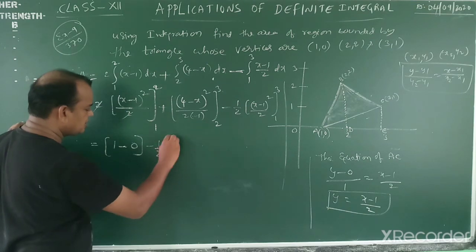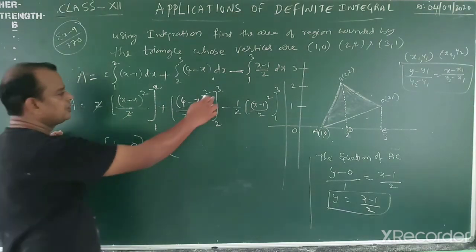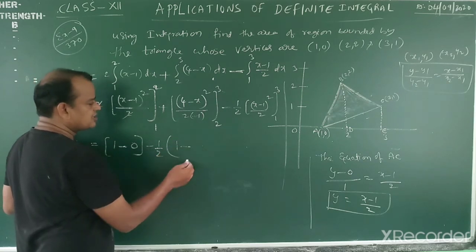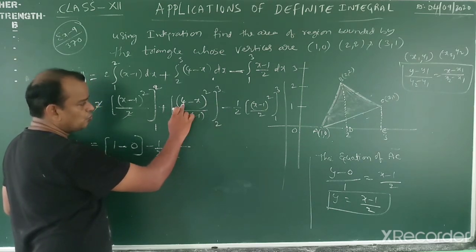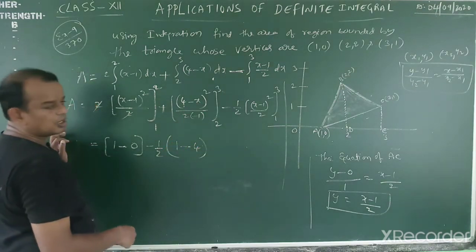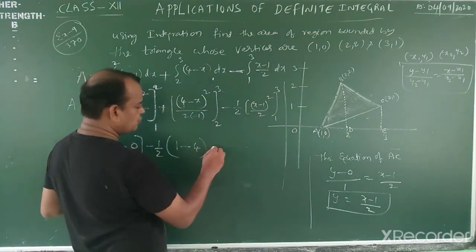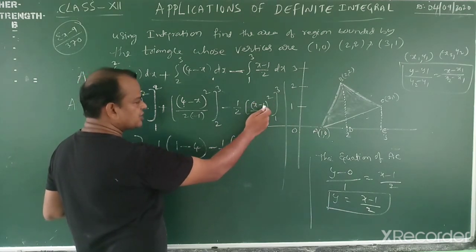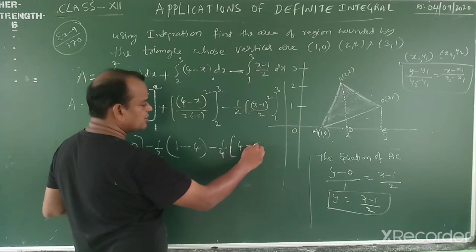Now apply the upper limit. 4 minus 3 means 1 square means 1, minus this value, 4 minus 2 means 2 square means 4. Completed. Minus 1 by 4 into the upper limit 3, 3 minus 1 means 2 square means 4, minus the lower limit which is 0.